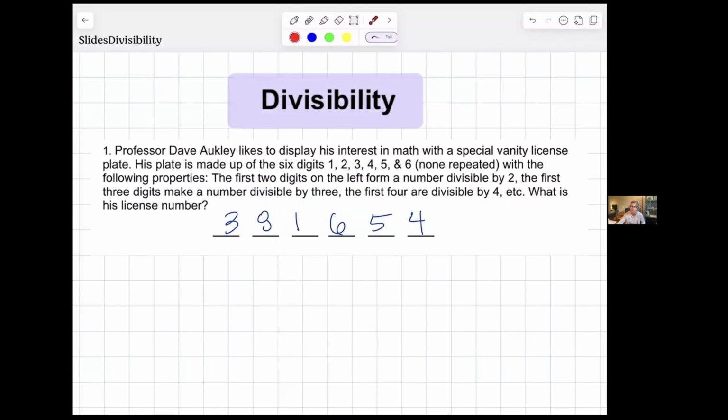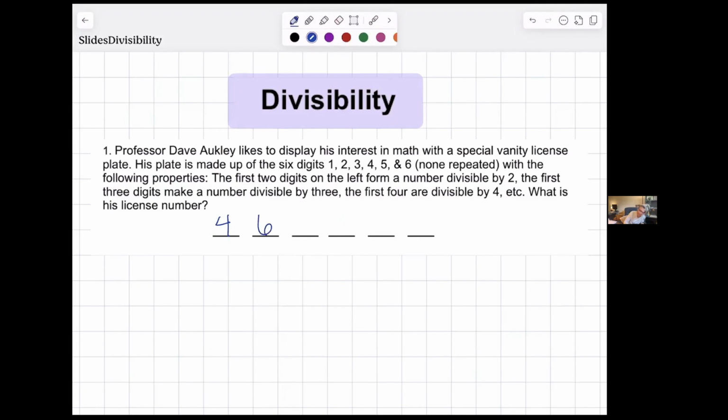Let's see. I saw some other good answers. Let's pick another answer that doesn't quite work. So 0 and 8 are not included in this list, so we can't use numbers that have those. I've seen a couple of right ones. What about this one?